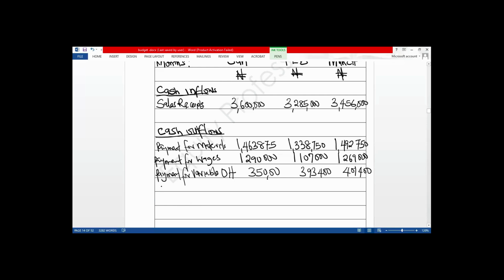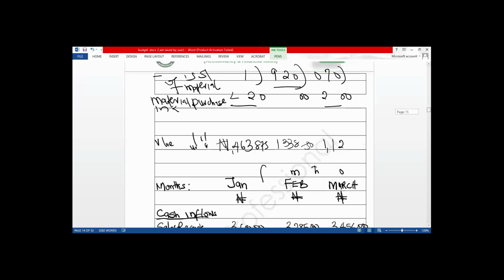We now come to payment for fixed overhead. That is cash outflows. Payment for fixed overhead is constant now. Question: it's constant.